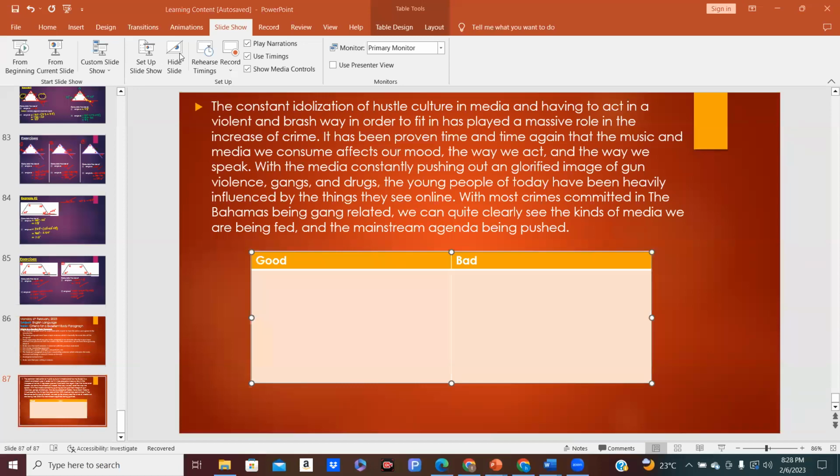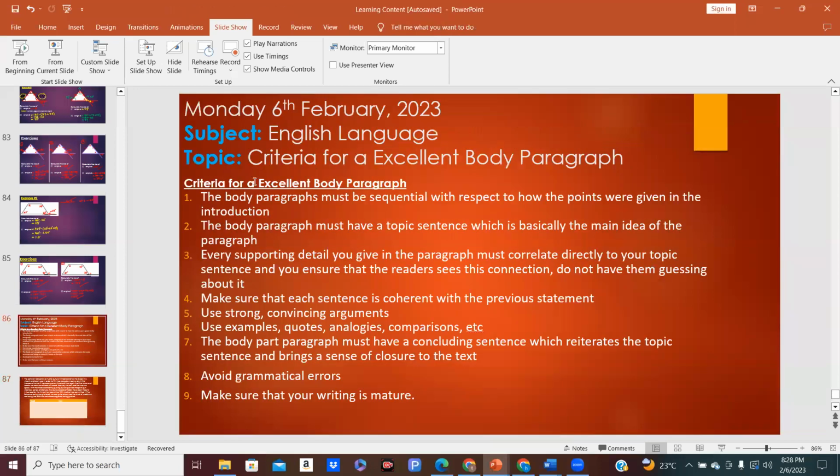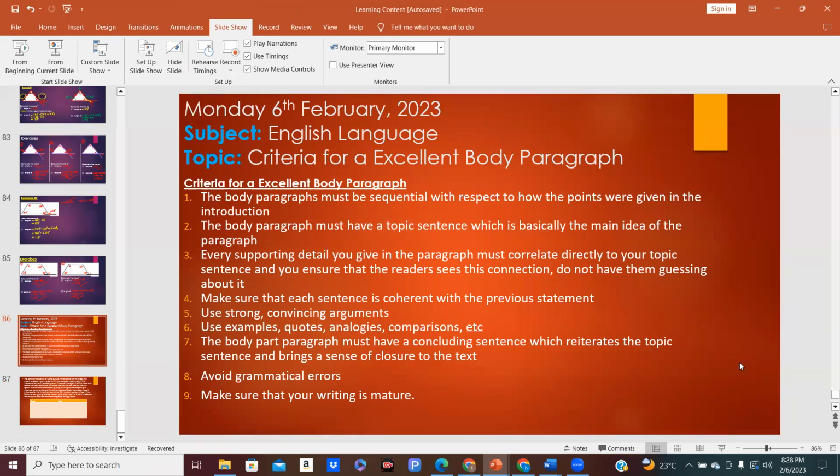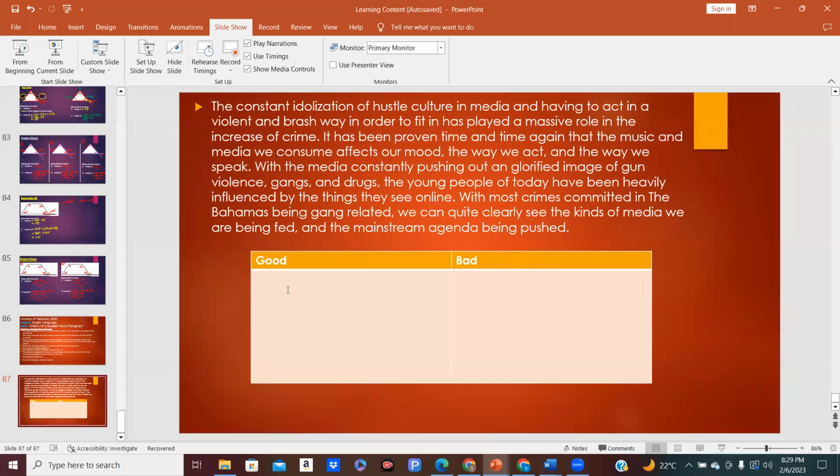I want you to mention any one of the criteria that I gave you. Does it have a topic sentence? Does it have supporting details? Are the arguments convincing? Does it have grammatical errors? Is the language mature? Does it have a concluding sentence? Is it coherent? Those are the things that I'm looking for. Any one of these nine. Okay? So tell me, number one, what is good about it?